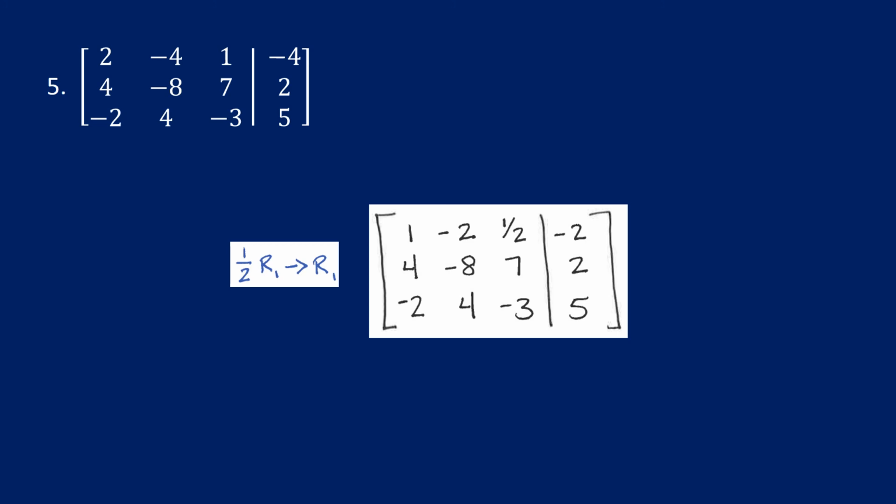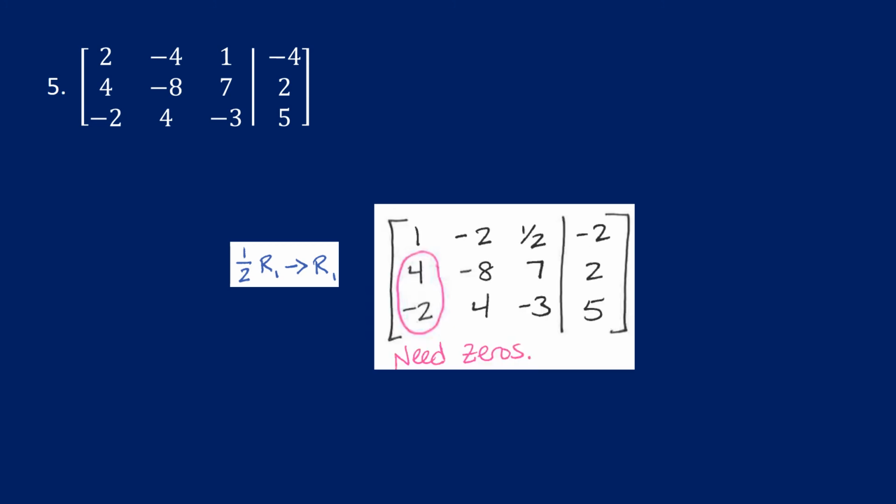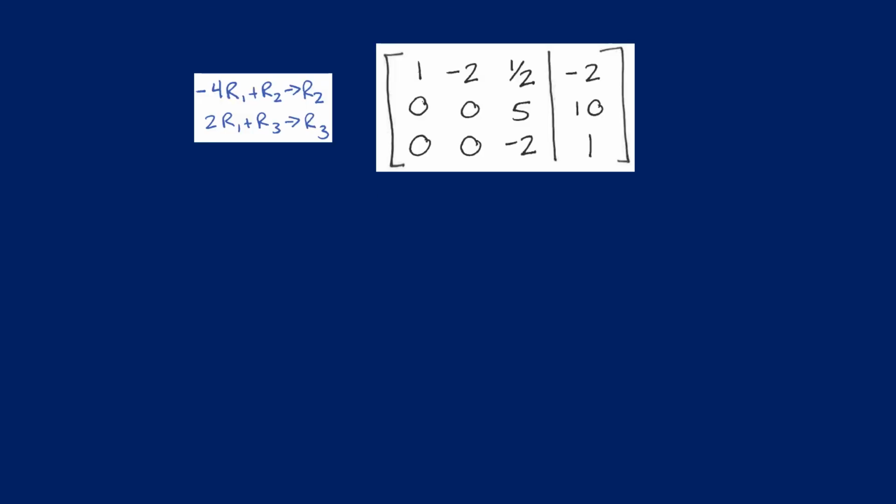Now I need zeros everywhere else in the column. So negative 4 row 1 plus row 2 gives a new row 2 of 0, 0, 5, 10. 2 row 1 plus row 3 gives a new row 3 of 0, 0, negative 2, 1.